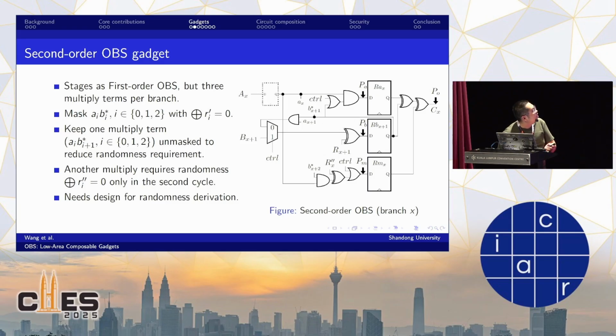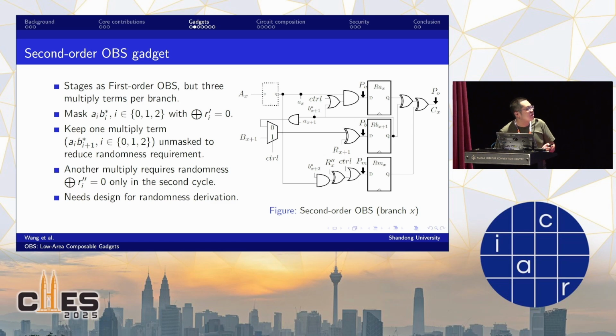In this way, we mask the A_i, B_i with randomness such that the sum of the randomness is 0, and we keep one multiplied term. The A_i B_i masked, B_{i+1} is unmasked to reduce randomness requirements. And another multiply requires randomness, but only in the second circuit.